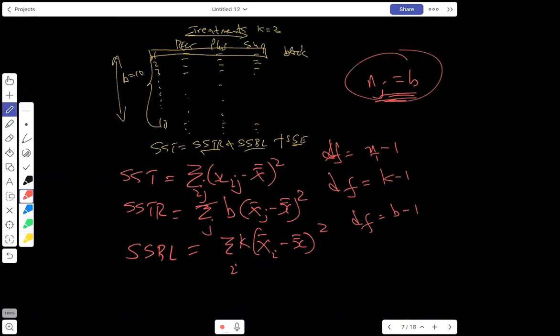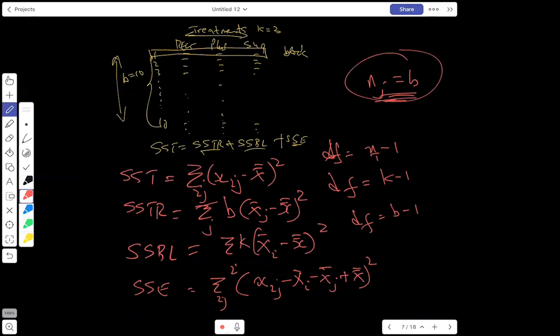And for the SSE, the formula for that one can be a little crazy. It is Xij minus x bar i minus x bar j plus x double bar, squared, something like that.